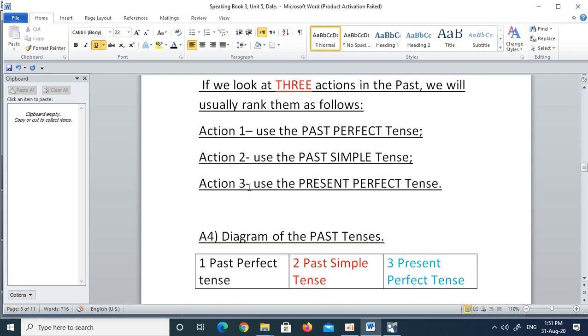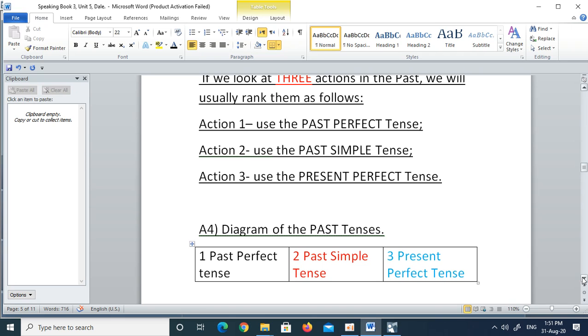And for action 3, the thing that happened last in the past, we will use the present perfect tense. So the past perfect tense is very far in the past. The past simple tense is not so far in the past. And the present perfect tense is just a little way into the past.